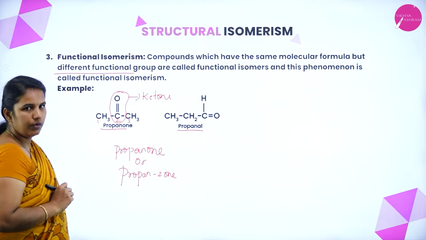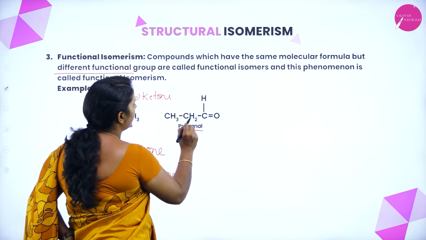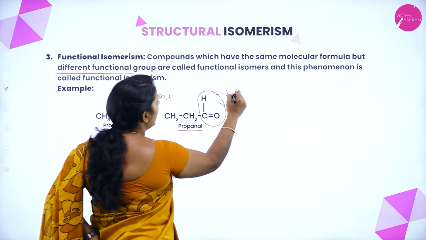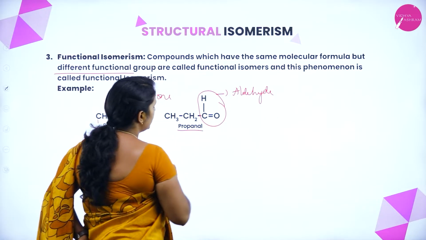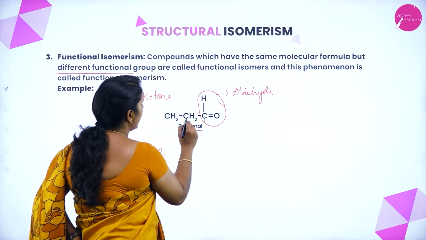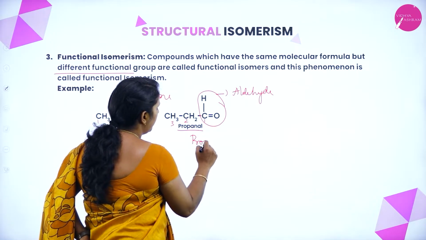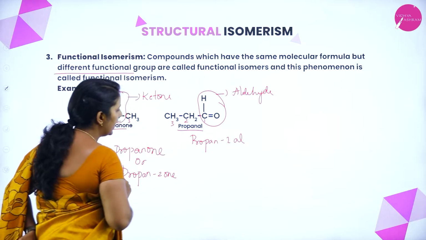Next, this is also a 3 carbon compound which has an aldehyde functional group. How do you name it? This is 1, 2 and 3, so it is propan-1-al because it is an aldehyde.